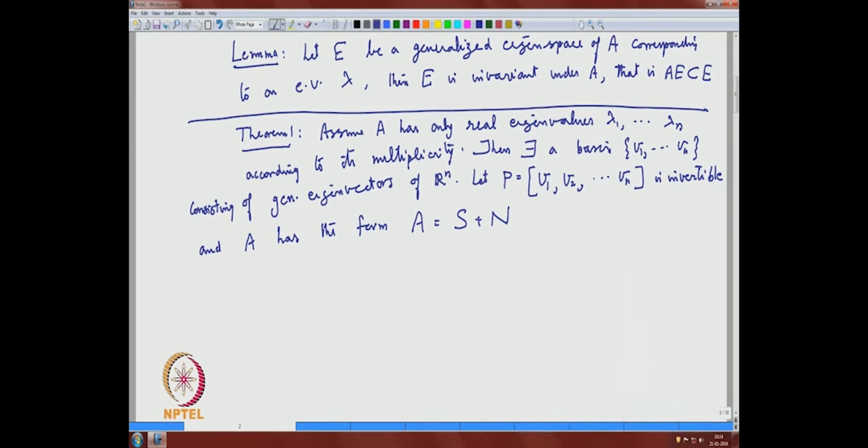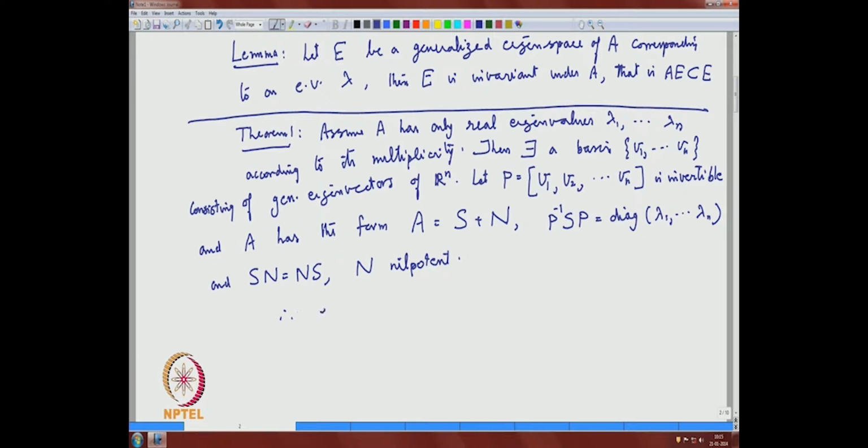S is diagonalizable with the diagonal matrix of lambda 1 through lambda n. Not only that, S and N commute, which is very important, and N is nilpotent. So you have all the properties, and hence you can compute e power A.